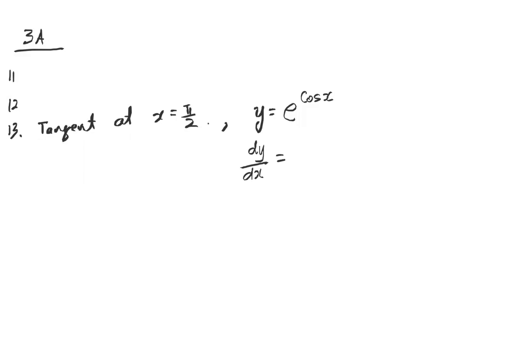Yeah, start finding, everyone. Copy down the whole thing, times by the derivative of the power. The derivative of cos x is negative sin x. Okay, now sub your x as pi by 2.